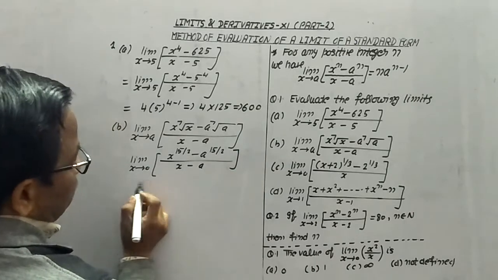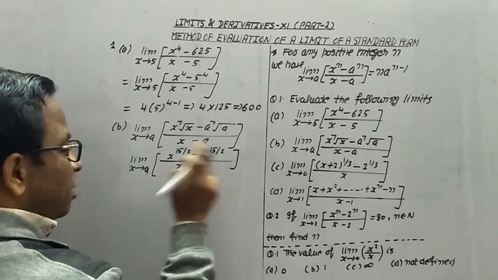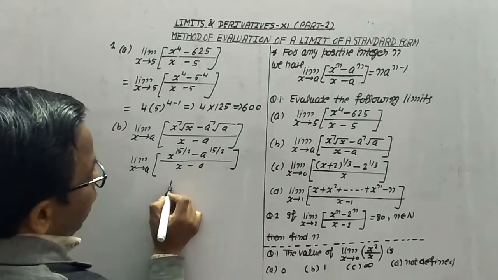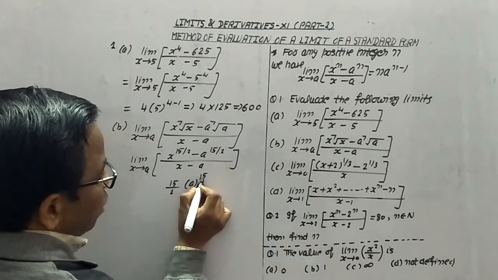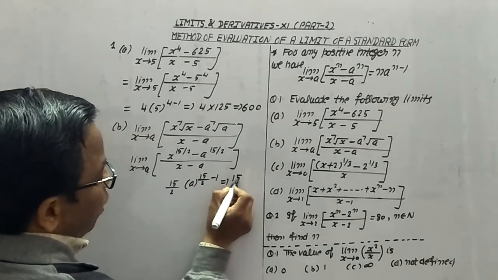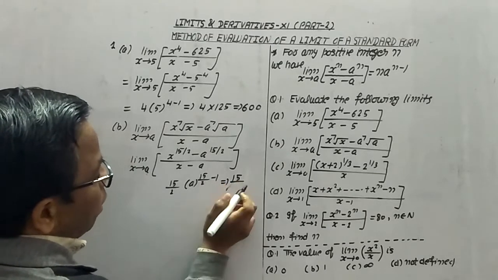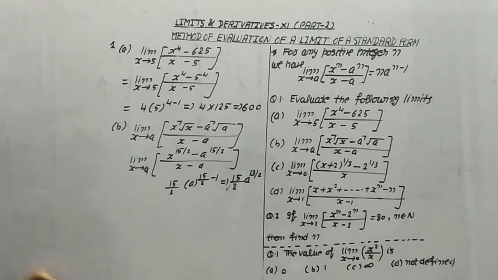This is again the standard form, and the rule is n times a^(n-1), with n equal to 15 by 2 minus 1. So this becomes 15 by 2 times a^(13/2), and this is the answer for this part.